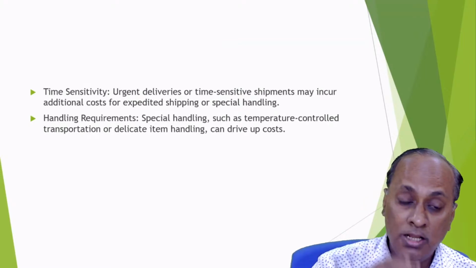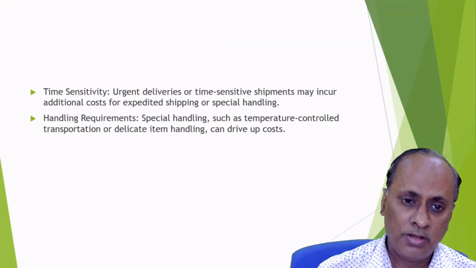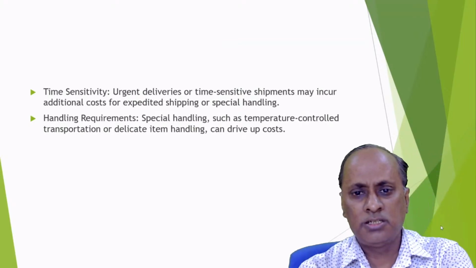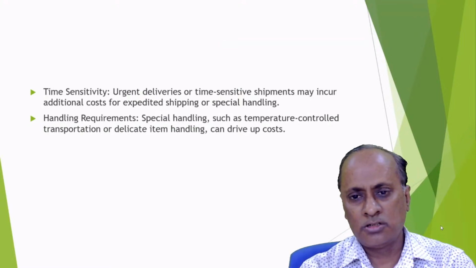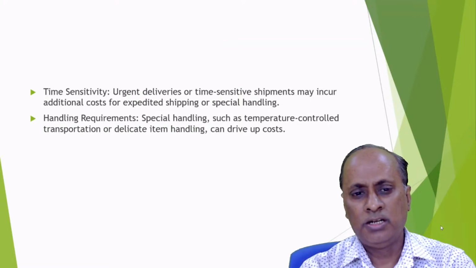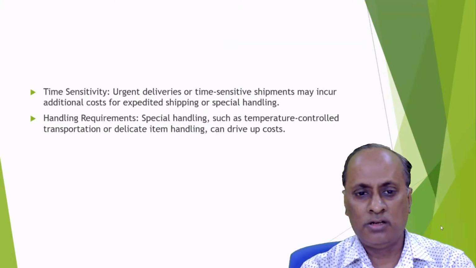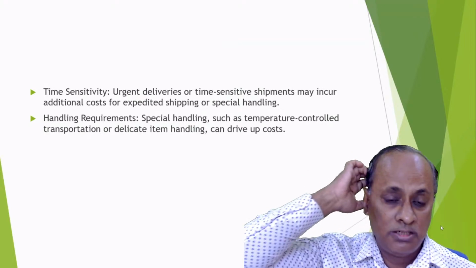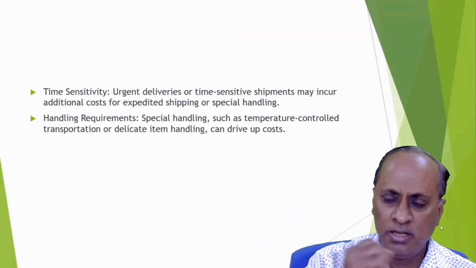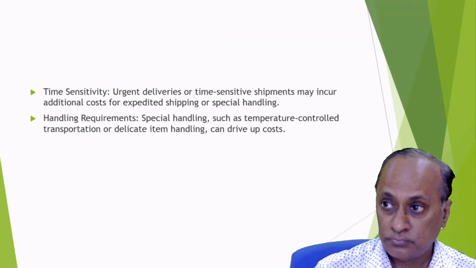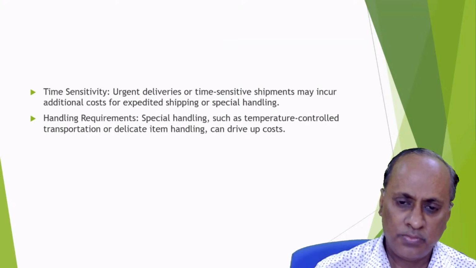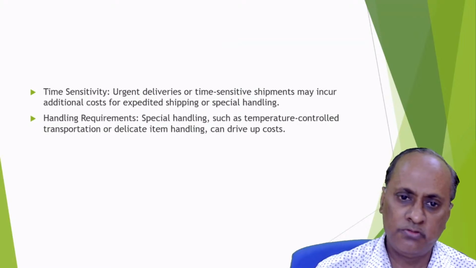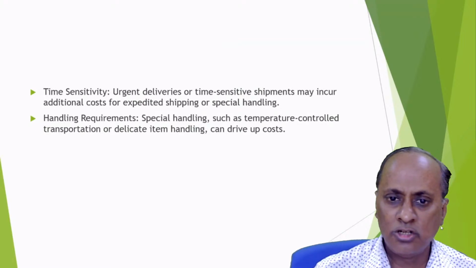Now, this is all applicable in courier services. Some courier services charge higher logistics cost if they deliver the material within 24 hours. Then also we go to post office services like speed post. Speed post delivers the products within 24 hours, but they charge a higher cost for that.